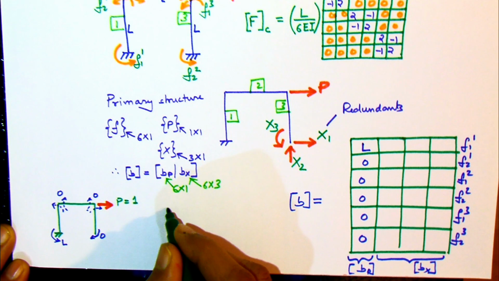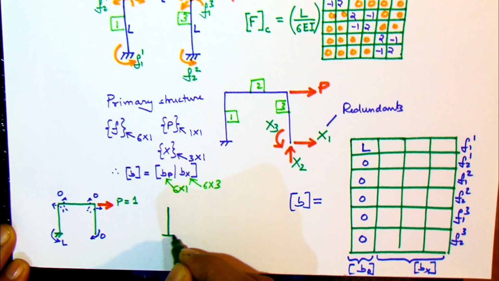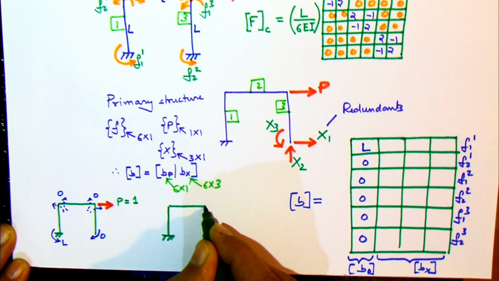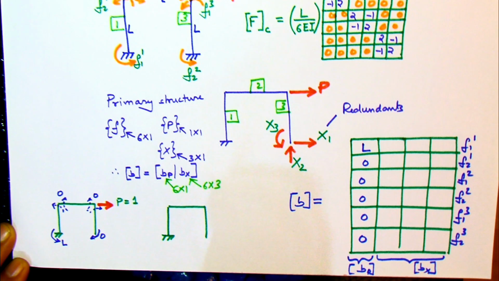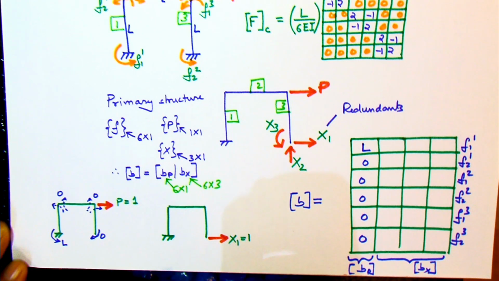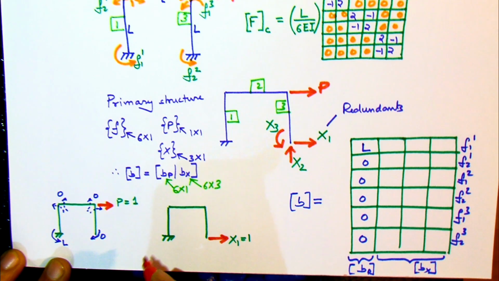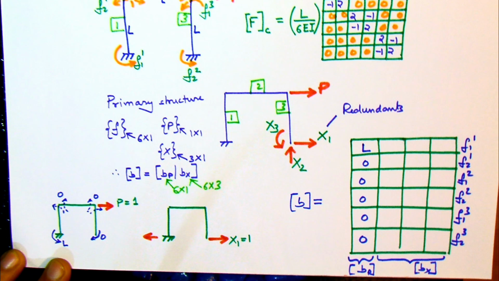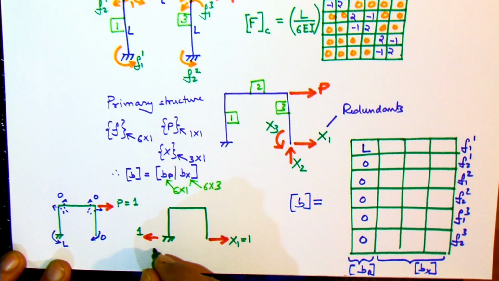Similarly, to obtain the remaining columns of the B matrix, which now correspond to the redundant forces x1, x2 and x3, we apply one by one the unit redundant forces x1, x2 and x3 and find out all the internal forces. Here we are applying x1 equal to 1. So as a result of the peculiar situation, there won't be any bending moment at the left reaction point.